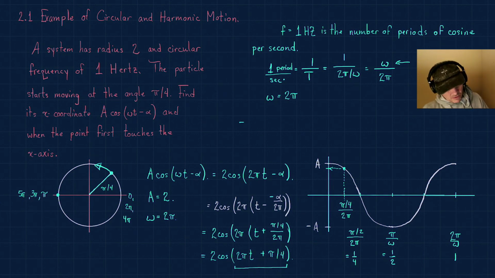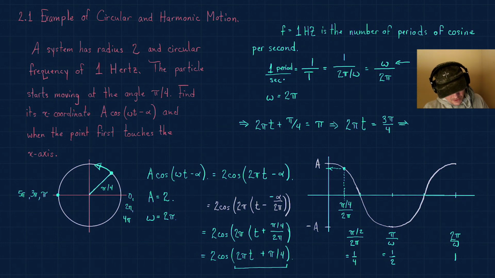So now what we do is we can say that when 2 times pi times t plus pi over 4 equals pi, that is when our particle first touches the x-axis. So let's subtract pi over 4. So I'm going to have 2 pi t equals 3 pi over 4.